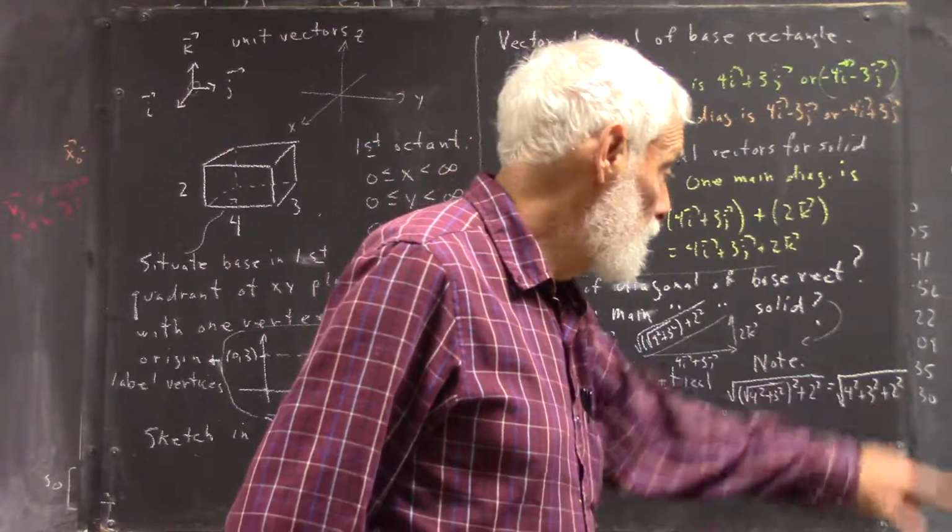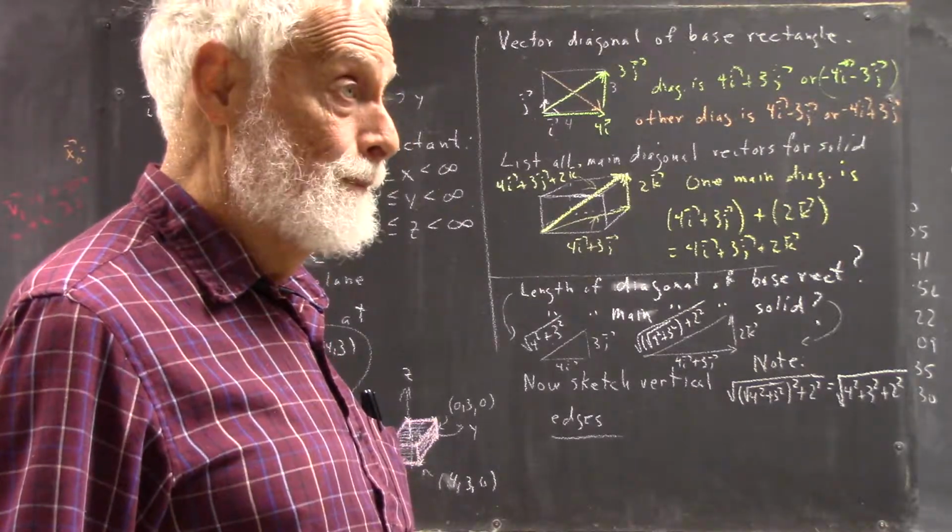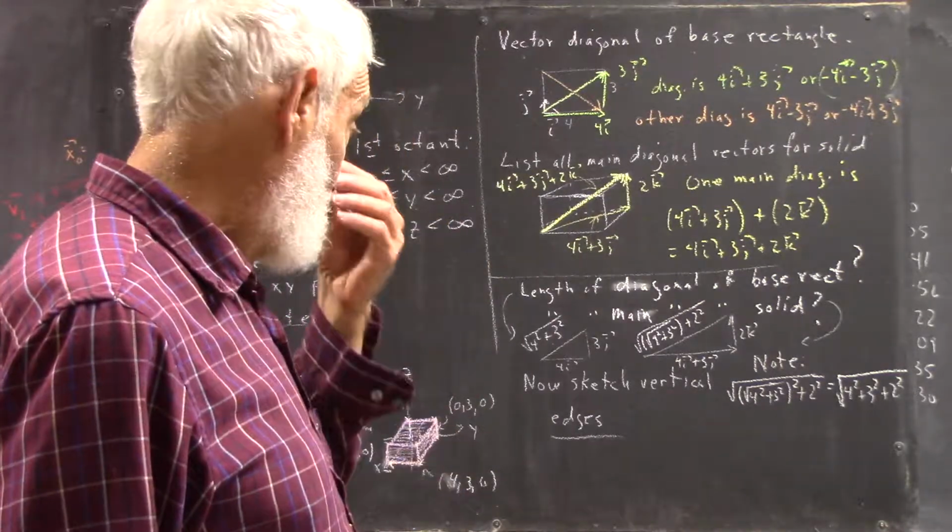So I only get the square root of 4 squared plus 3 squared plus 2 squared. Okay? Well, that's a proof, more or less.